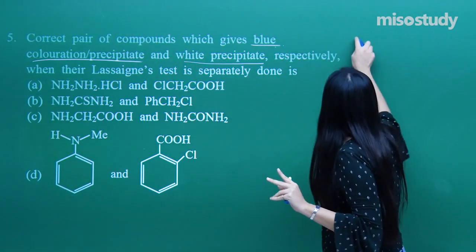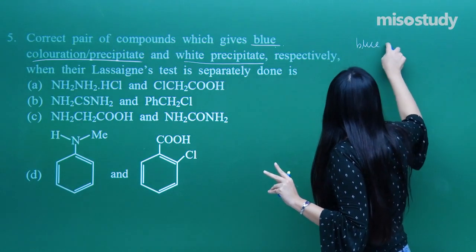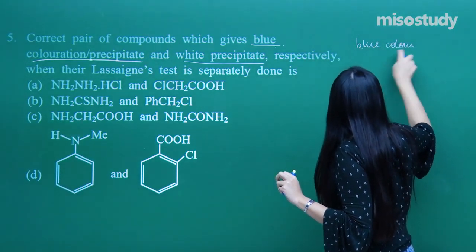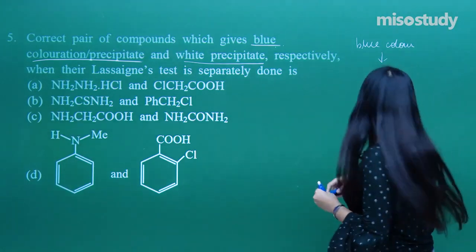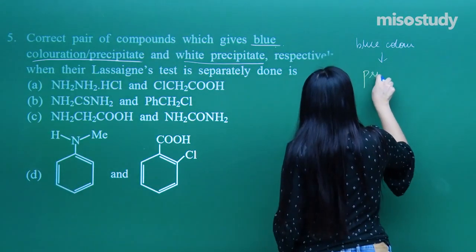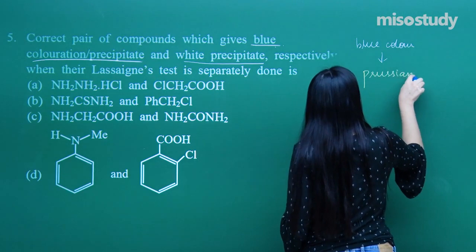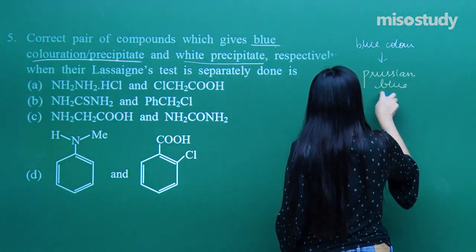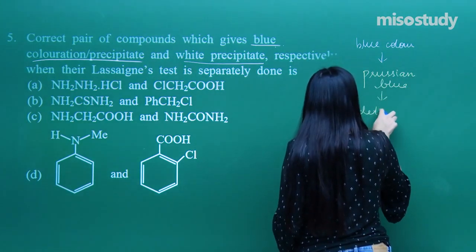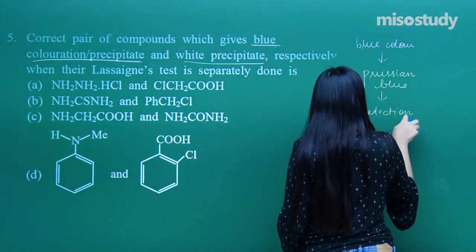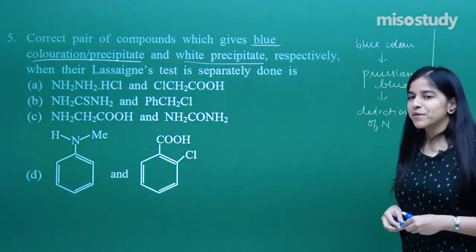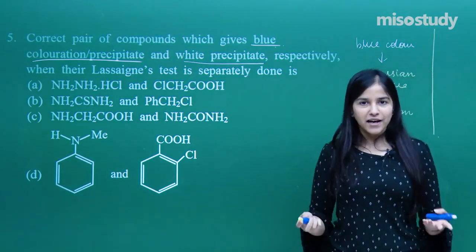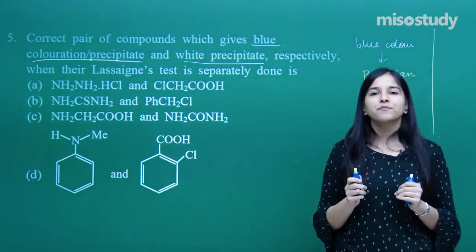Where do you get the blue precipitate or the blue color? It is quite a simple one, that is the Prussian blue color detection for nitrogen. And where do you get the white PPT? That is the detection of halogens. And what kind of PPT do we get?